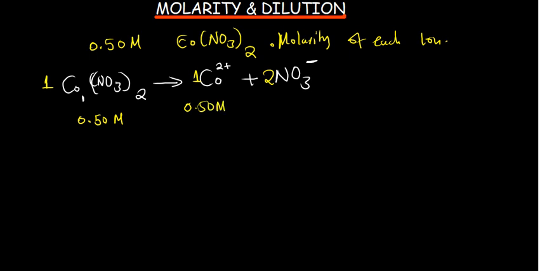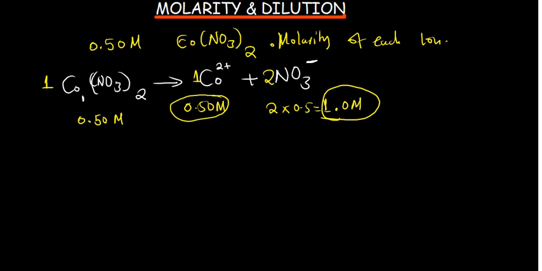Now, this one is twice the concentration of cobalt nitrate. So to get the concentration for the nitrate ion, we multiply 2 by 0.5. Therefore, this one is 1.0 molar. So this is the concentration of the nitrate ion. This is the concentration of the cobalt ion. So we found the concentration of each ion.